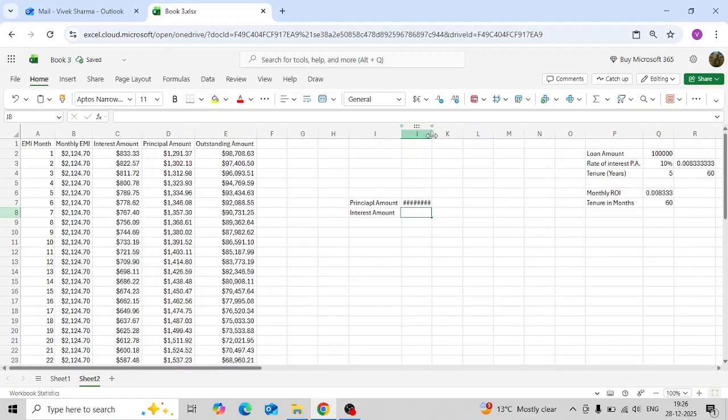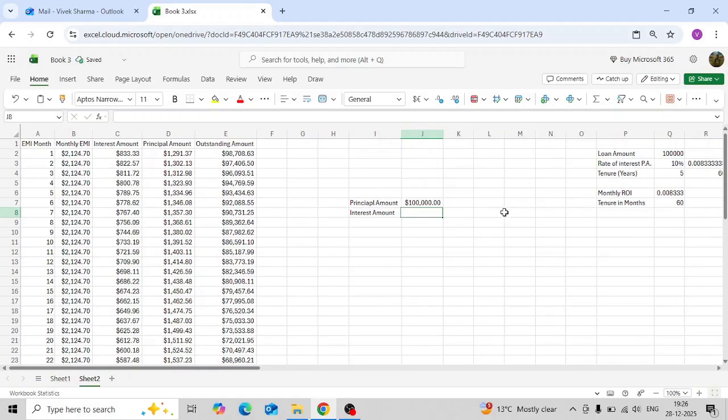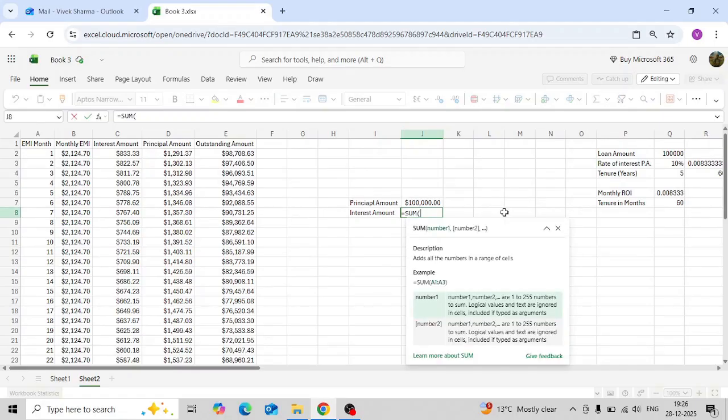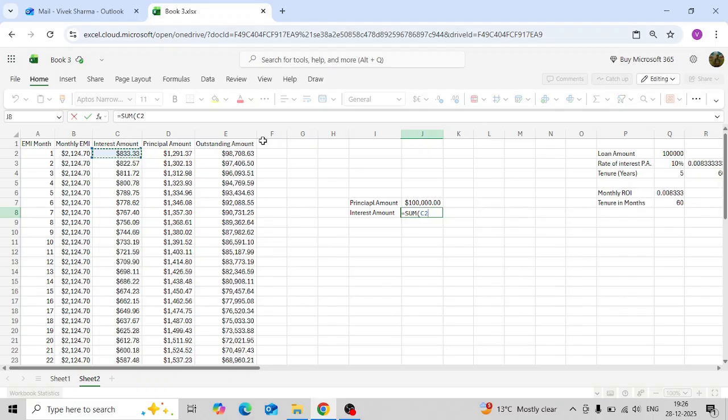And this total interest is nothing but the total interest that we have paid during our loan tenure.